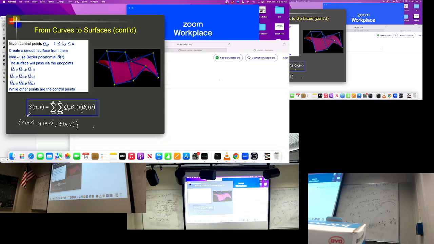So what did we do? We had one Bezier curve multiplied by another Bezier curve. Notice that one is a Bezier curve with V, one is a Bezier curve with U, and now only the control points out here. And that's confusing. Once again, we are summing up a lot of polynomials, maybe 100 by 100 such polynomials, but almost all of them are 0 unless they are working on the points that are relevant.